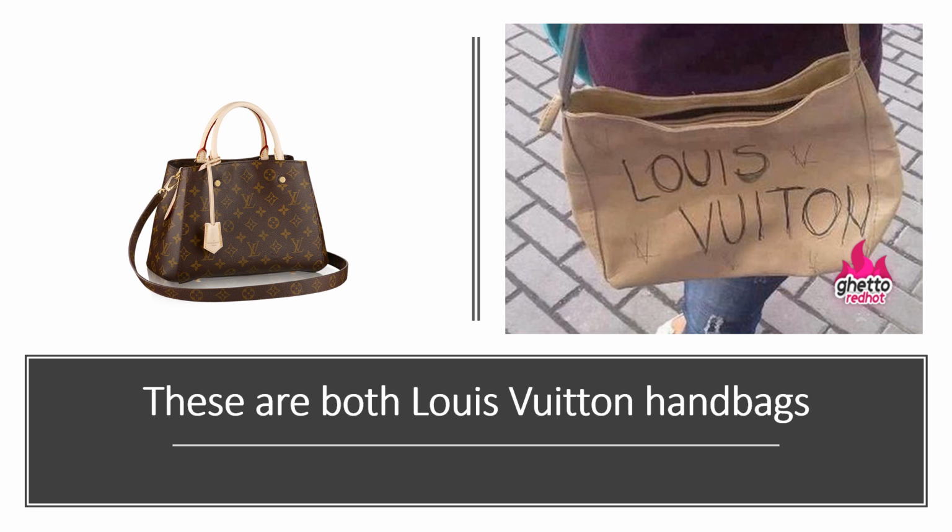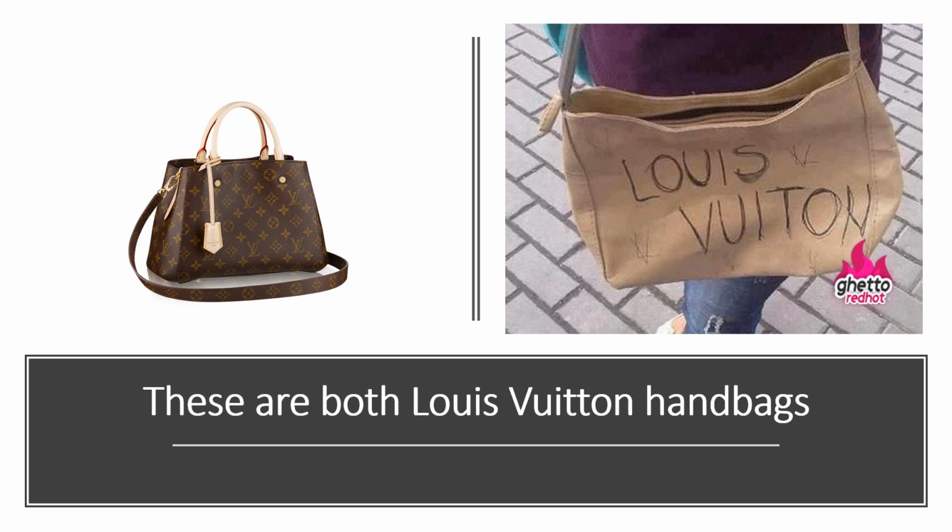However, we know that in terms of monetary value and also social and cultural capital, the bag on the left is much more valuable than the bag on the right. That's not only because the bag on the right is probably made of canvas or something like that, and the bag on the left is made of leather, but also because of the branding.